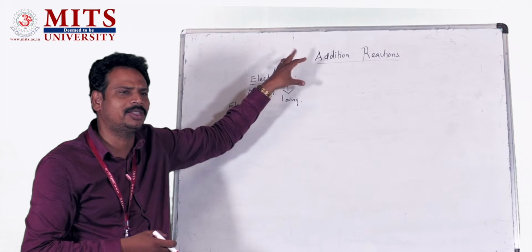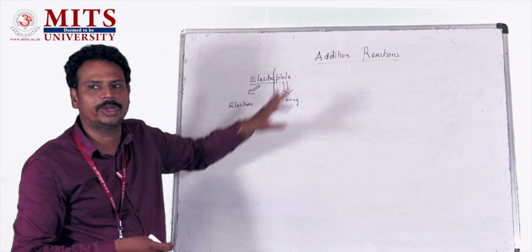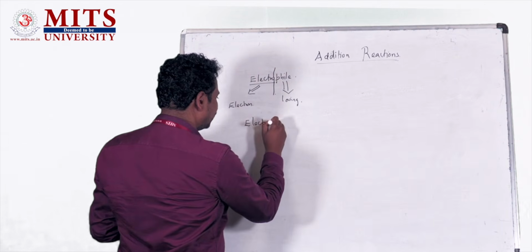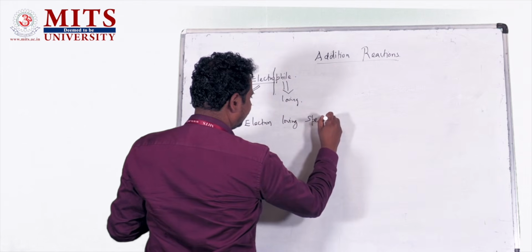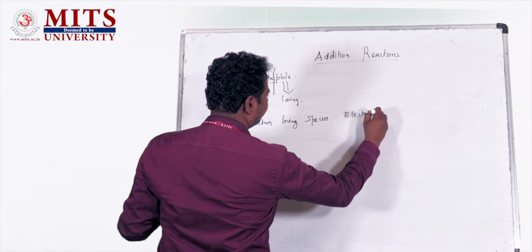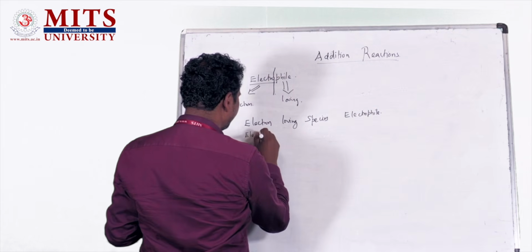Electro means electron and phile means loving. So electron-loving species, the electrophile, or otherwise electron-deficient species.